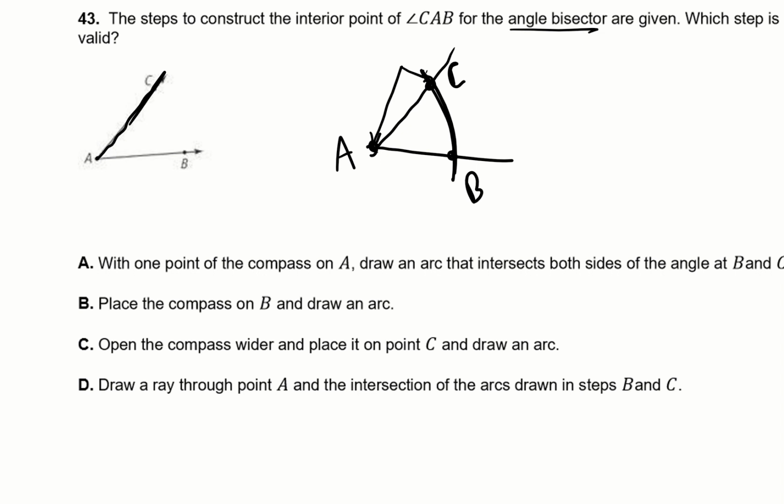The next step, you want to take the compass and place it at point B and then the pencil end somewhere inside this angle. And then you're going to draw an arc. You're going to then, keeping the same setting, put the compass on C and then draw another arc into this angle as well. And notice that the arcs cross. Then you're going to mark the point where those two arcs cross and use a straight edge to connect A to that point where the arcs crossed, and that would be your bisector.